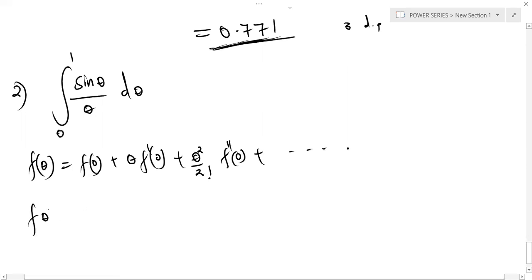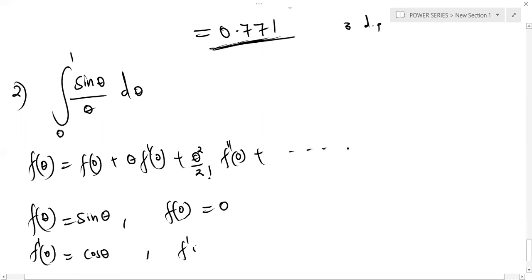Now our f theta in this case is sine theta. So what is our f0? Our f0 is 0. Let's find the f prime of theta. Differentiating, we get cos theta. What is f prime of 0? 1. Okay, let's continue. F double prime of theta.